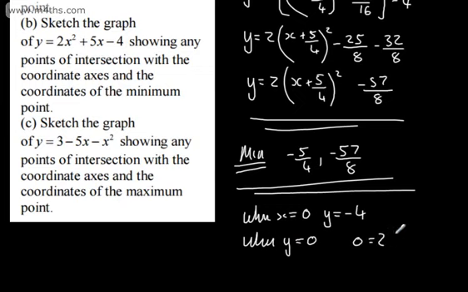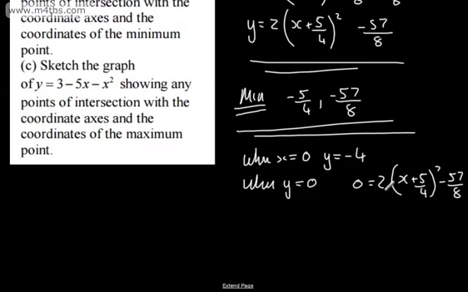So 0 is going to be 2 times (x plus 5 over 4) all squared, minus 57 over 8. What I'm going to do is add the 57 over 8 to both sides and divide by 2. That's going to give me 57 over 16 is equal to (x plus 5 over 4) all squared. So all I've done, added 57 over 8 to both sides and divided both sides by 2.